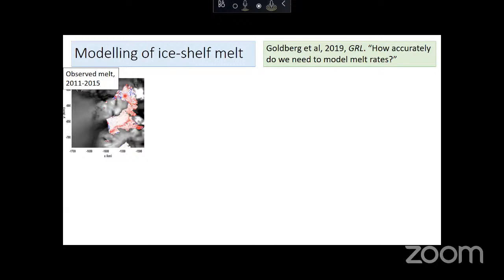But my colleague Noel Gourmelen, who processes high-resolution satellite altimetry, was able to observe patterns of melt rate under Dotson and Crosson ice shelf. We were able to see that there were distinct patterns of elevated melt in some places, much higher than other places.